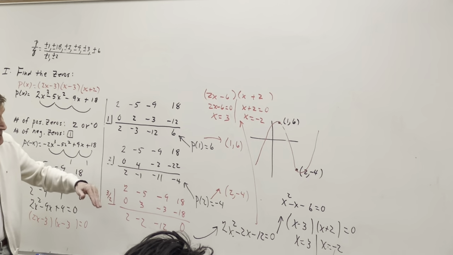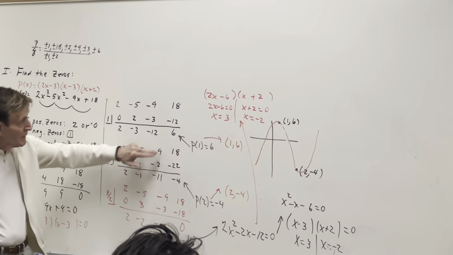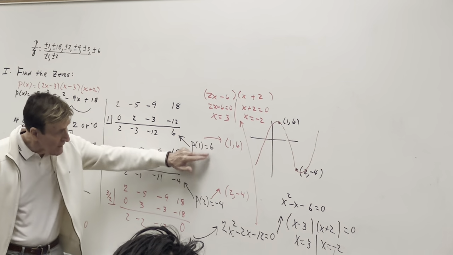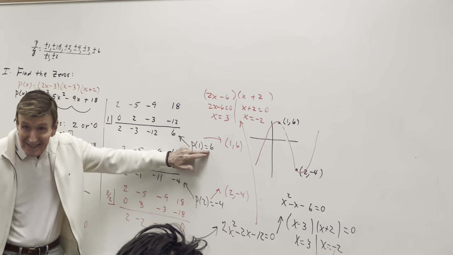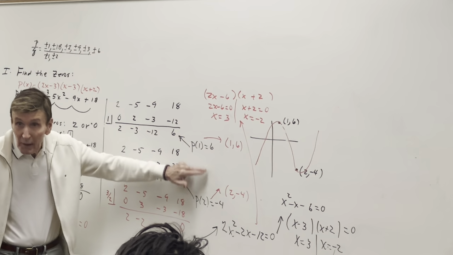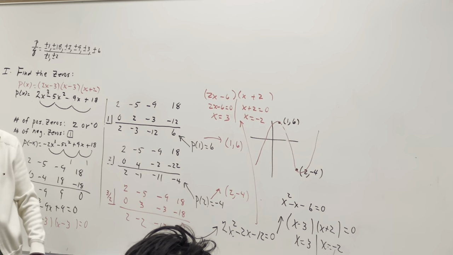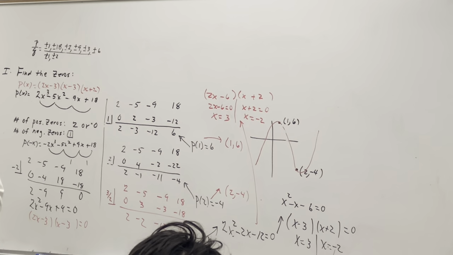Now, she says, Professor, if f of 1, in my case 6, and f of 2, which is -4, if these two outcomes are of opposite sign, in other words, one's above the x-axis, the other one's below it, you're going to have a zero between. And it's called intermediate value property.